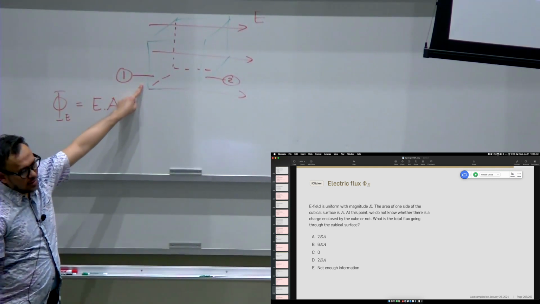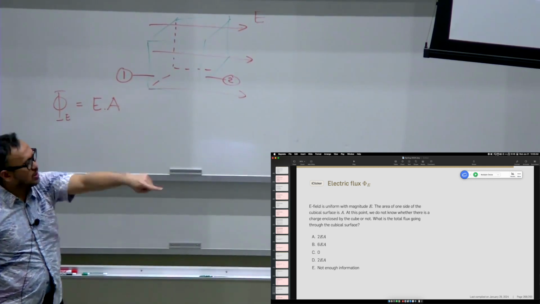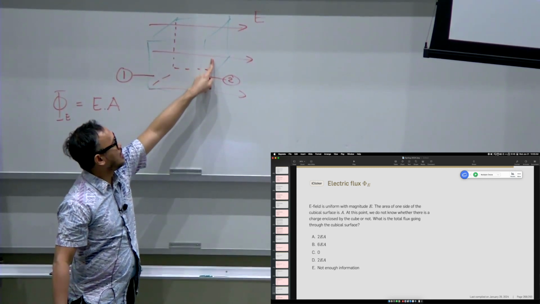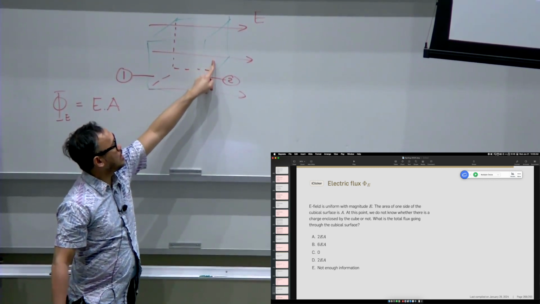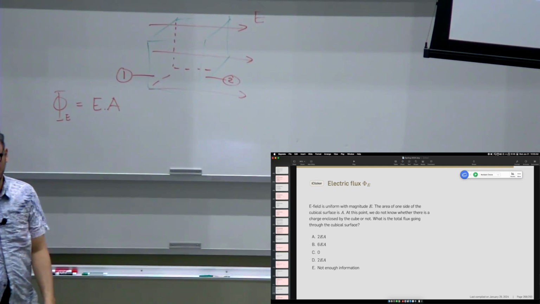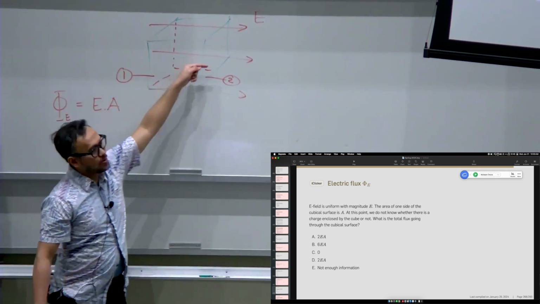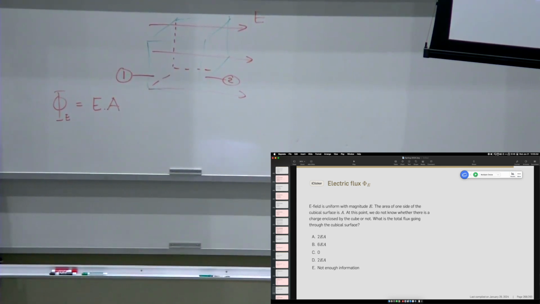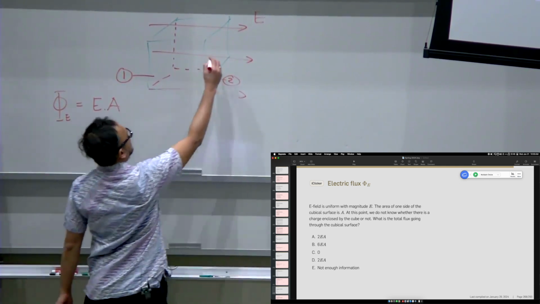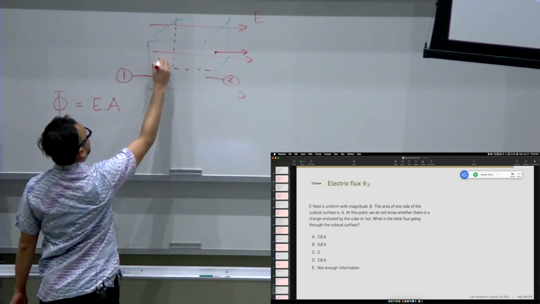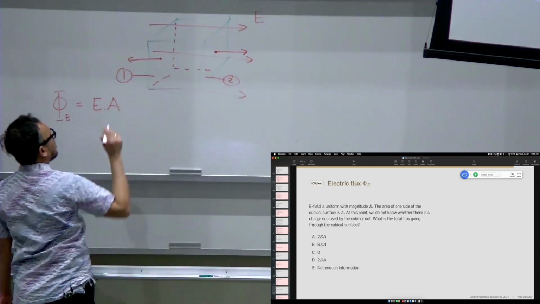On surface 1, E goes into the cube. On surface 2, E goes away from the cube. Is that clear? Goes into the cube, goes away from the cube. You can use cosine: the normal vector here points like this, and the normal vector of area 1 points the opposite direction.